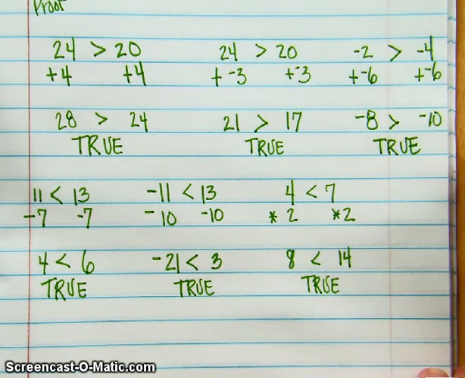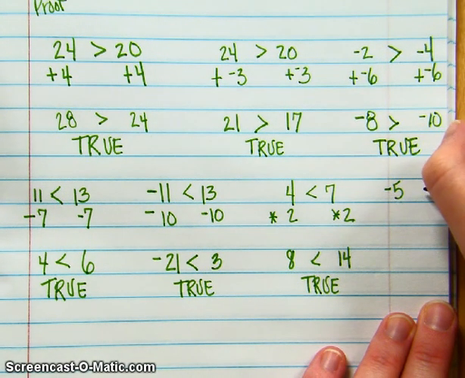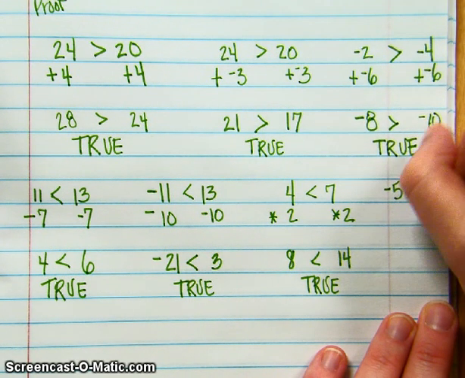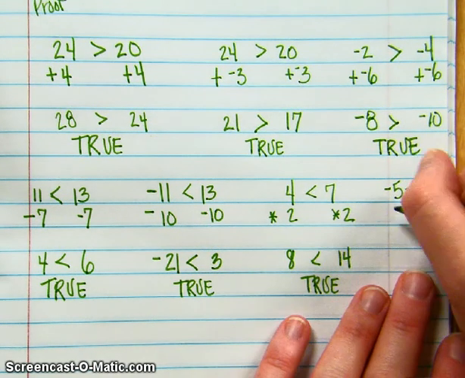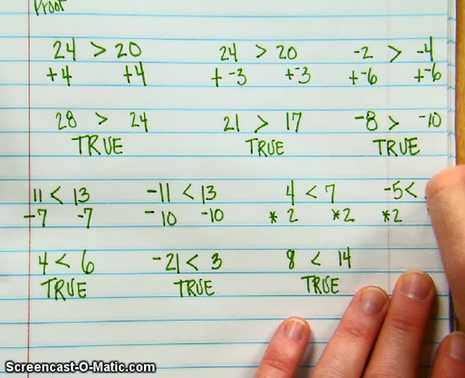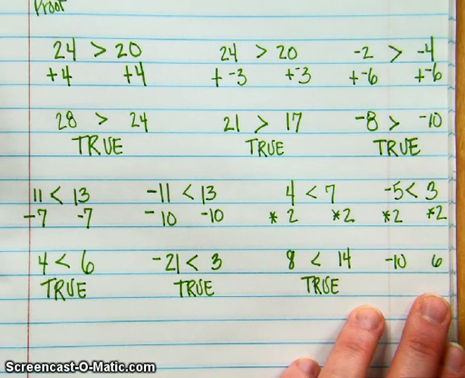What if I have negative up here? Negative 5 and positive 3. That's less than. What if I multiply those by 2? I have negative 10 here. I have positive 6 here.